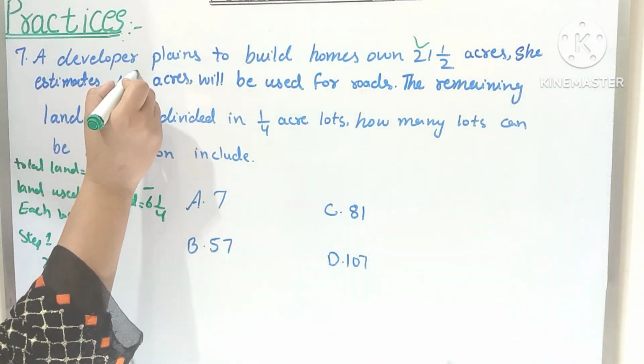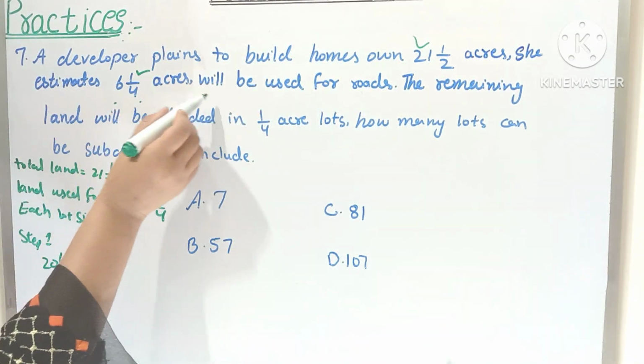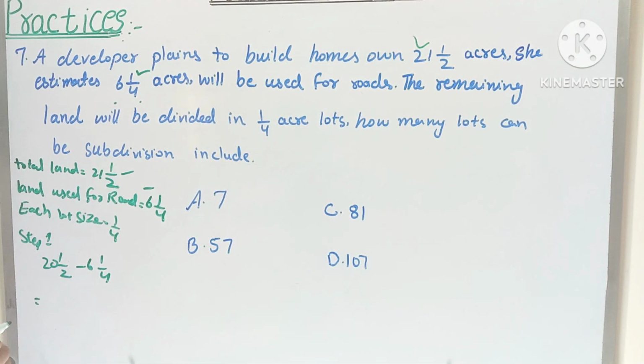Now we convert to fractions. 2 twenties are 40 plus 1 is 41/2, minus 6 fours are 24 plus 1 is 25/4. 82 over 4 minus 25 over 4. To get the same denominator 4, we multiply by 2. 57 over 4.